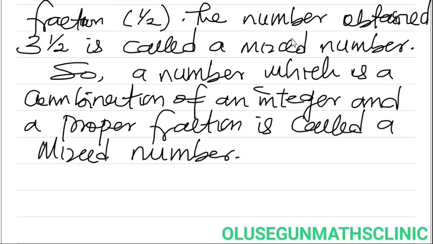The number obtained, 3.5, is called a mixed number. So a number which is a combination of an integer and a proper fraction is called a mixed number.